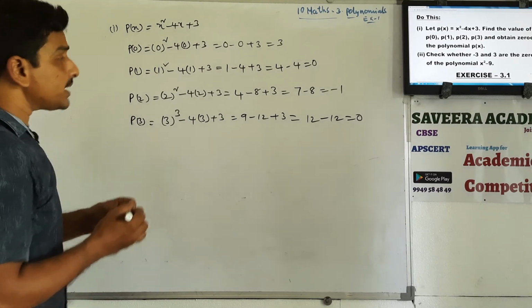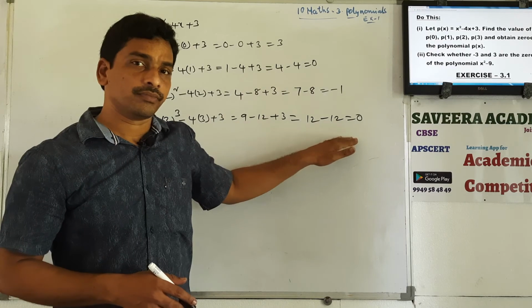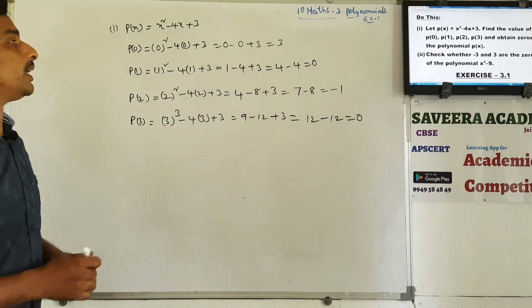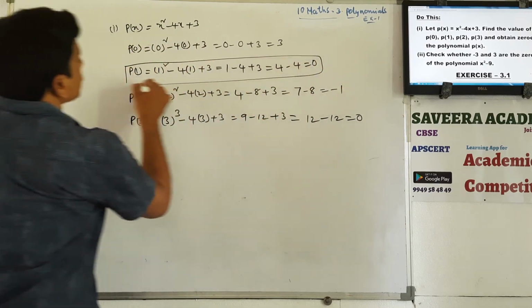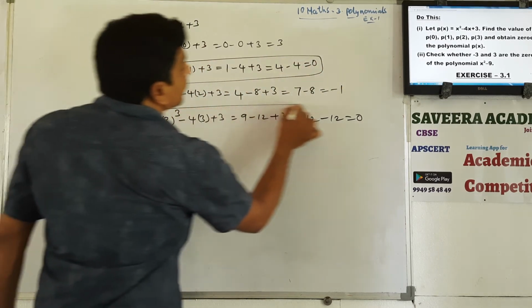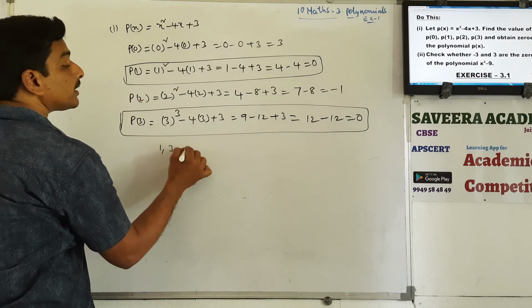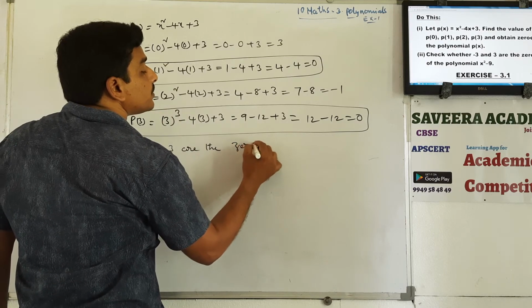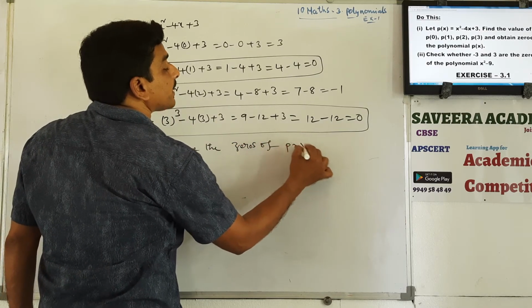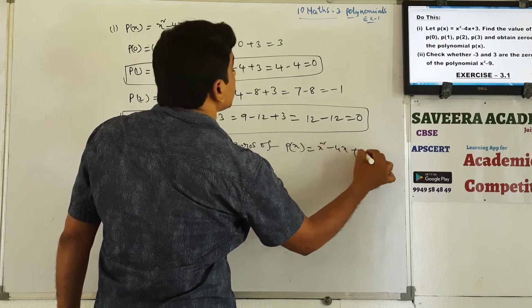If you observe these, at certain values you got 0. They are called zeros of the polynomial. Here, at p of 1, the result is 0. At p of 3, the result is 0. Therefore, 1 comma 3 are the zeros of p of x, x square minus 4x plus 3.